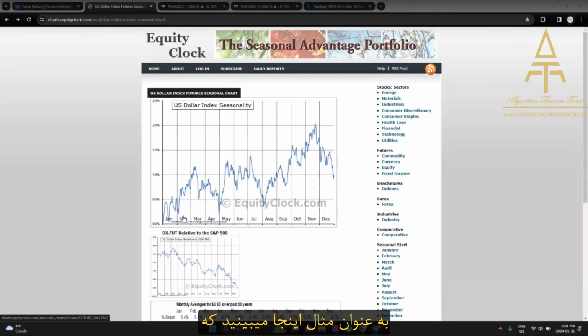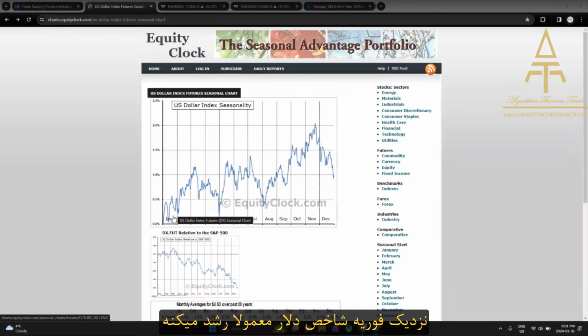So, for example, you can see that when we usually get close to February, the US dollar usually rallies. Well, the US dollar usually rallies throughout February.